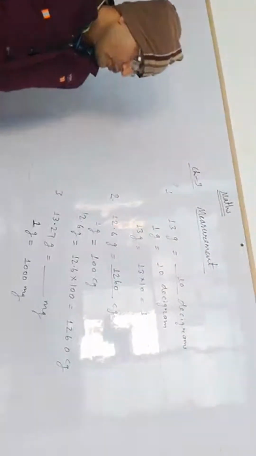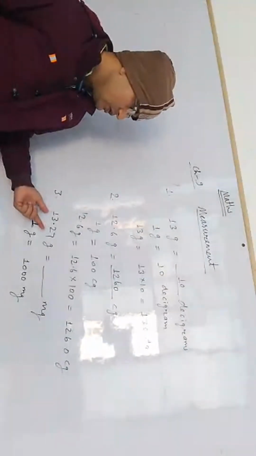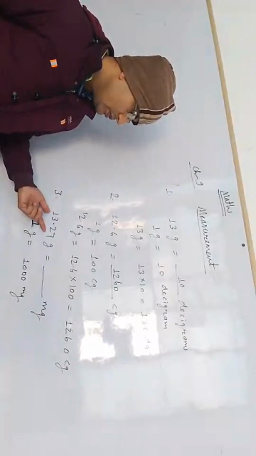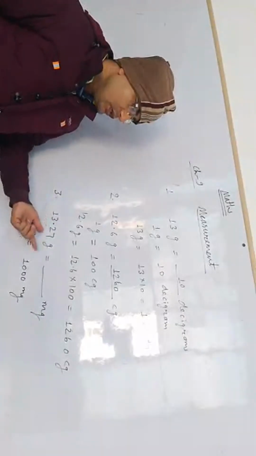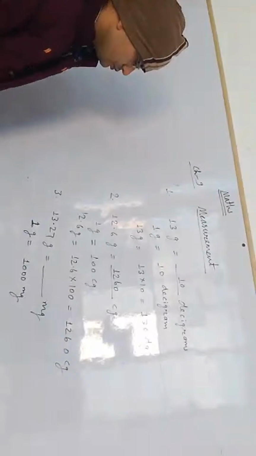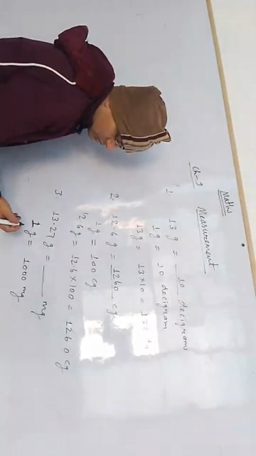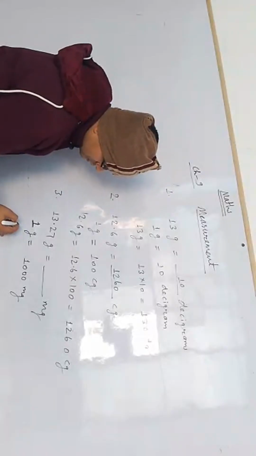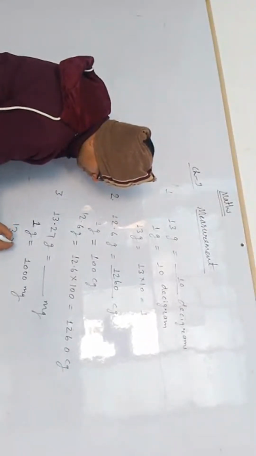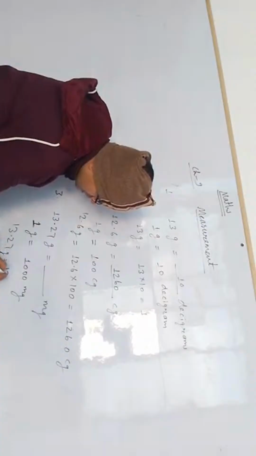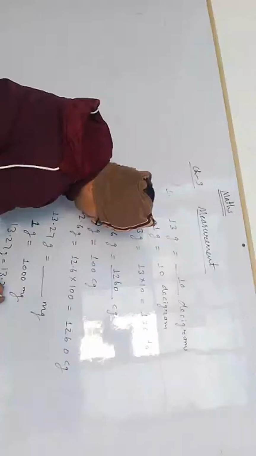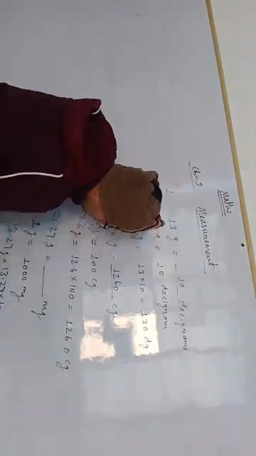Then you can understand, you only have to multiply 13.27 by 1000. Okay, so multiply it. 13.27 gram is equal to 13.27 multiplied by 1000.